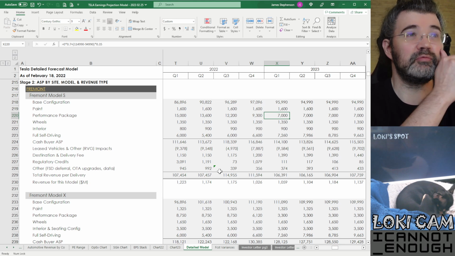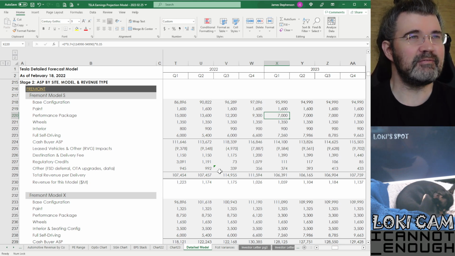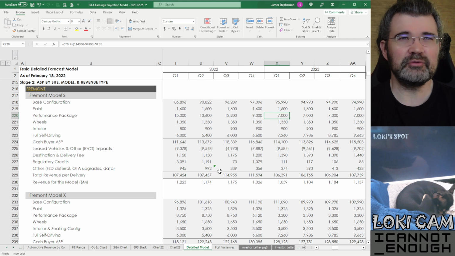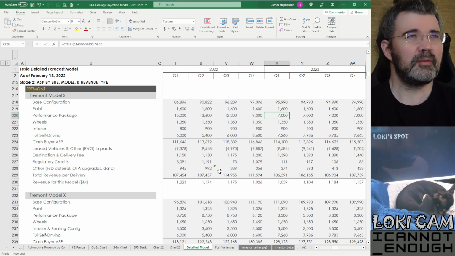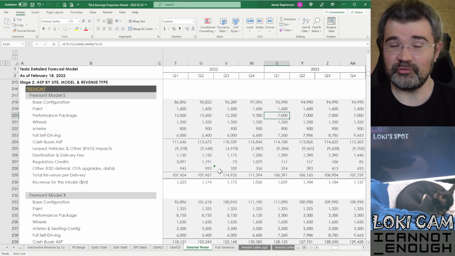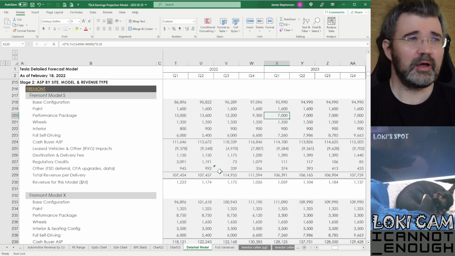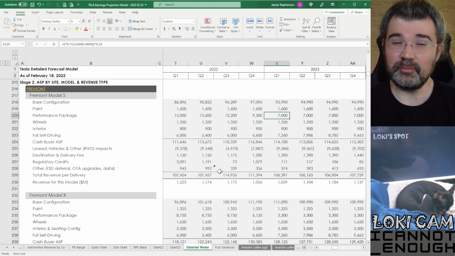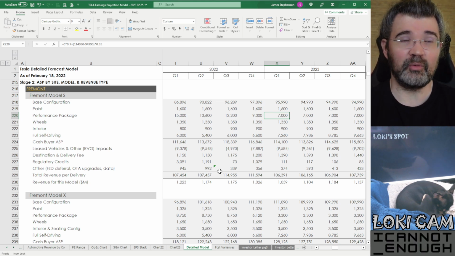Next, for the performance package, I've got that most people aren't going to buy the performance package, but 35% of people will, and that's a $20,000 option for Model S. So 20,000 times 0.35 gives you $7,000 average performance package revenue per Model S sold, is how that works.